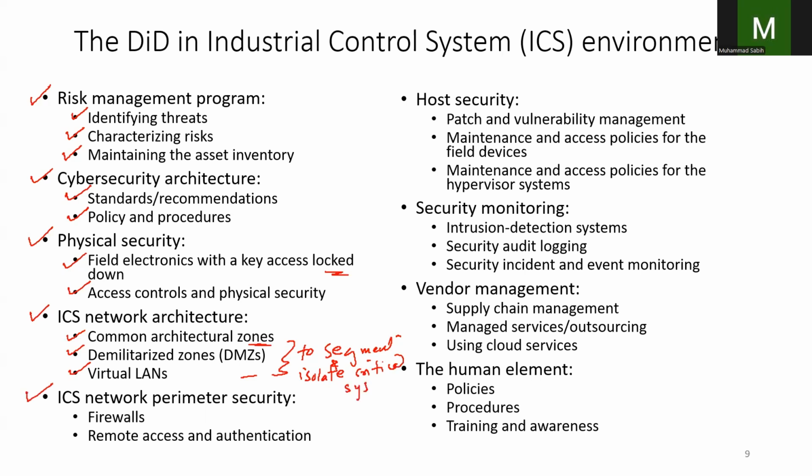Then we have the perimeter security. This is where we implement firewalls and access control and authorization strategies. Next, we have the host security. We have to ensure that all the field and virtual systems are properly patched, updated, and that all the access policies are in place.